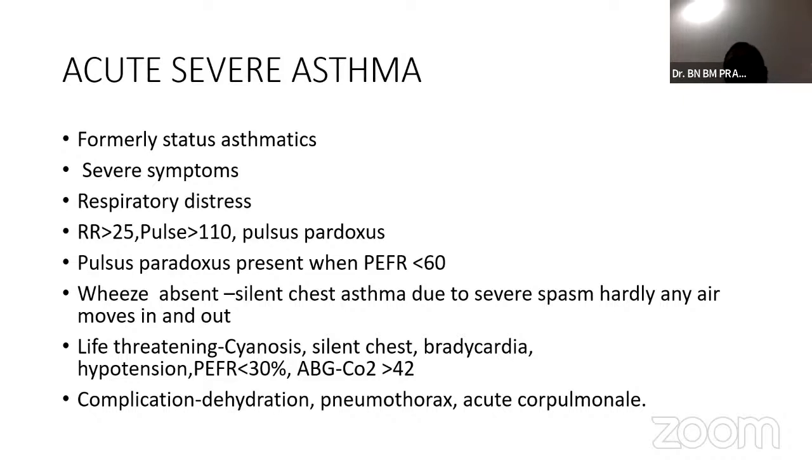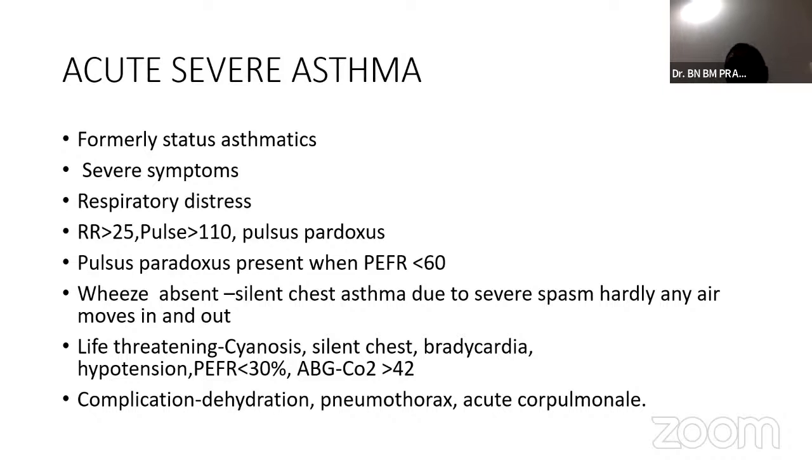Pulsus paradoxus occurs when the peak expiratory flow is less than 60% of the predicted value. And in severe cases, what we call the silent chest can occur, and that is where the wheezes may be absent. That means the entire passage, there is no airflow at all, the patient is totally exhausted, not able to take a breath. And then there is also the plugging of the airways. In such cases, you can have a silent chest.